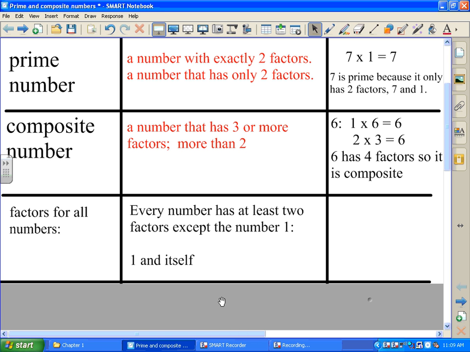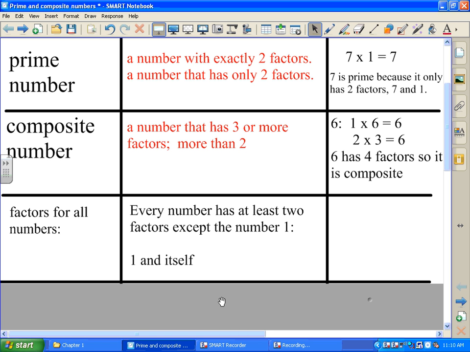That makes sense because the only way you can make 1 using multiplication is 1 times 1, correct? So every single number has 1 as a factor. So it's 1 and itself. Whether it's prime or composite, every single number has a factor of 1.